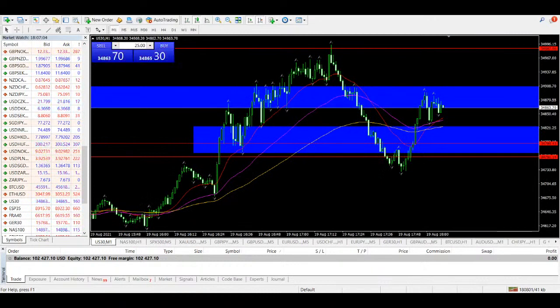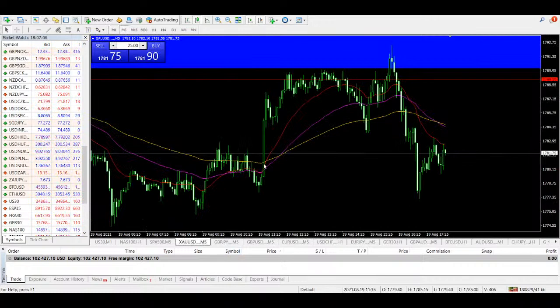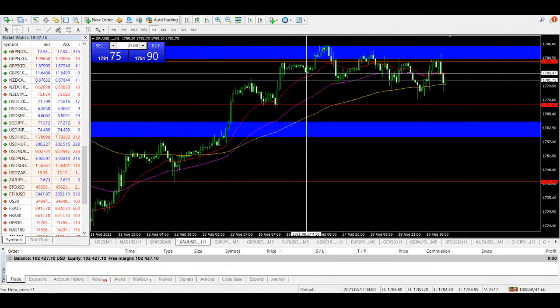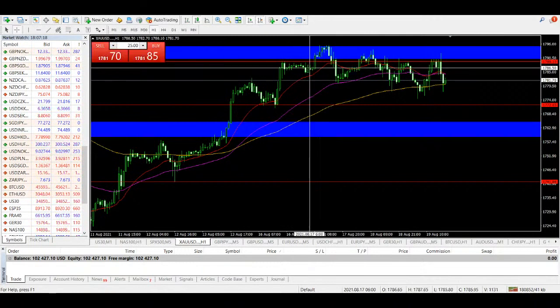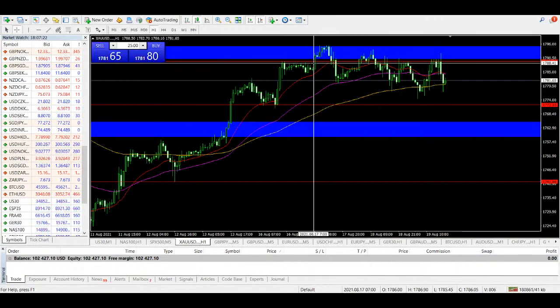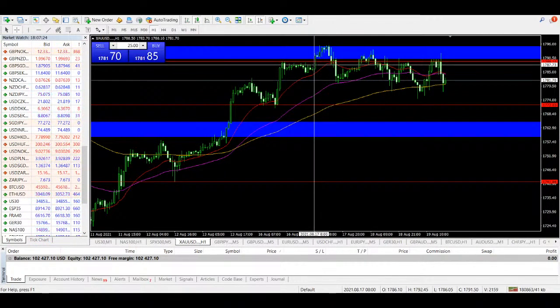Gold to 1788 today. What do you think? It's kind of in a squeeze. Yeah, 88 is possible. Where is that? In here. Maybe not there.